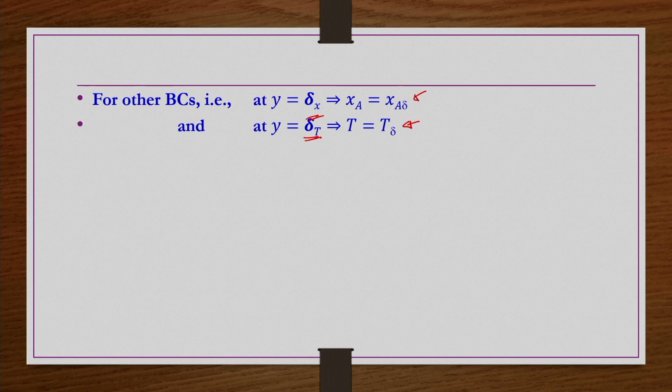Up to getting the solution of equation number 8 in the form of equation number 9, what have we taken? We have taken delta x is equal to delta t is equal to delta, right. But in the problem we have unequal film thickness, so accordingly we have two different boundary conditions, right.